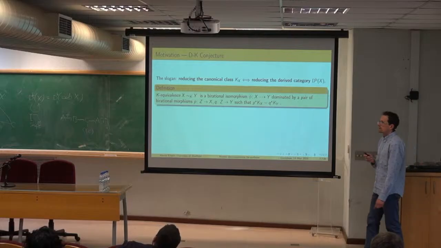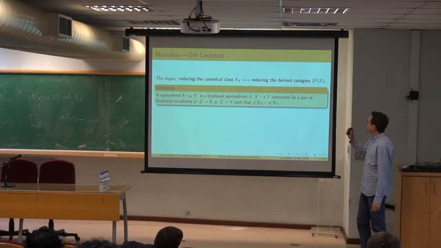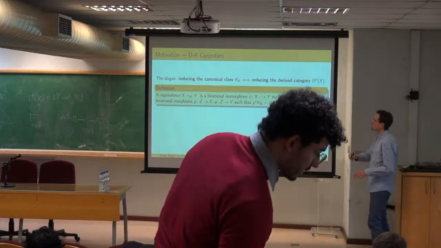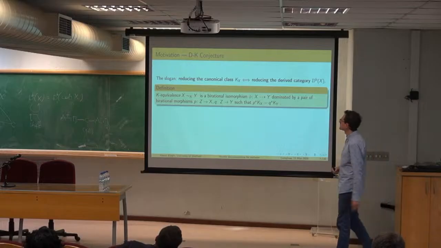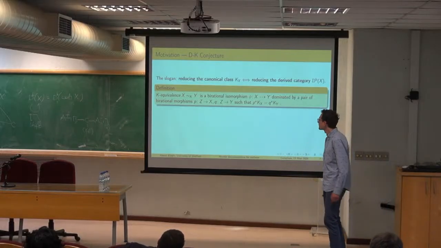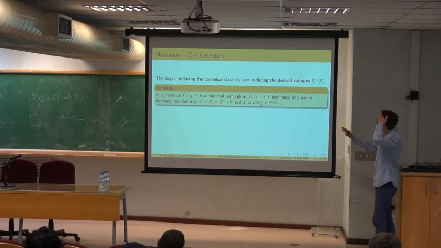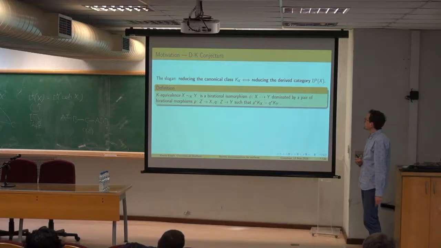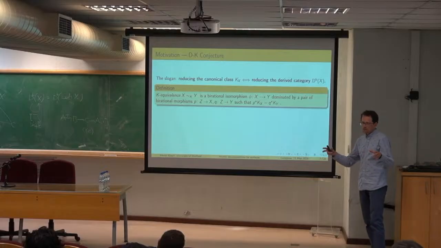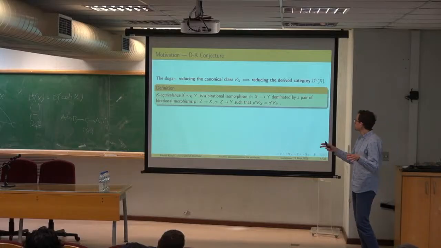So now let me explain what we can mean by saying that one variety is smaller than the other. We can compare the canonical classes. Assume we have a birational isomorphism. Then it is called a K-equivalence if canonical classes on both sides can be compared.